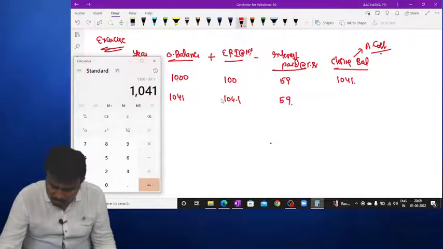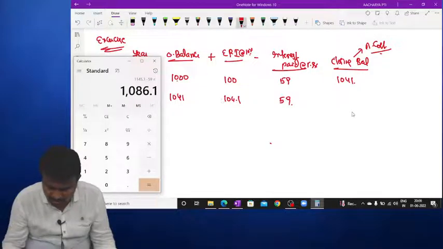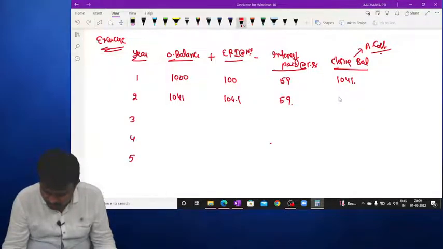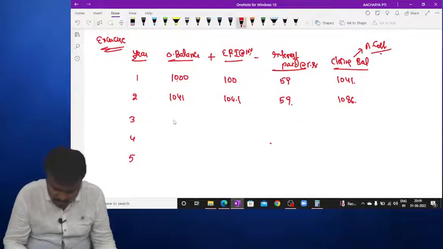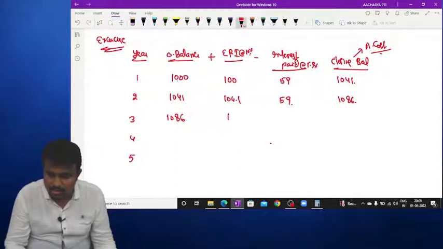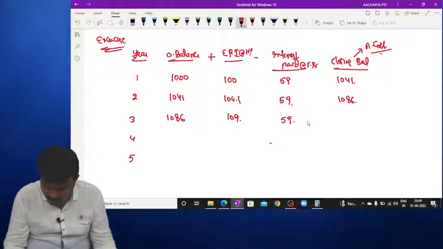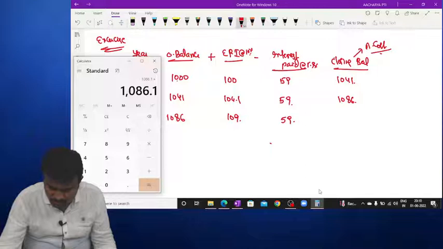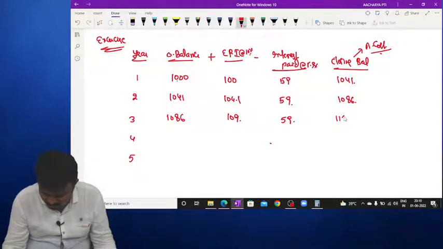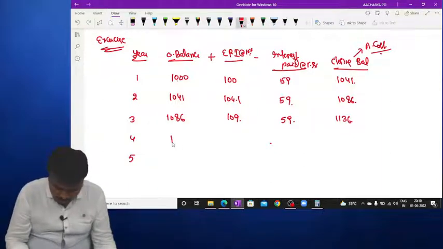So 1041 plus 104.1 minus 59 equals 1086.1. Then 1086 at 10% is 108.6, so consider 109 and 59. Then plus 109 minus 59 equals 1136. Then 1136 at 10% is 113.